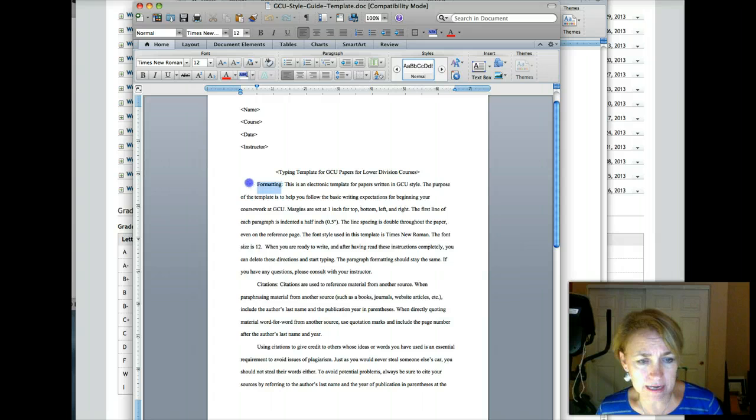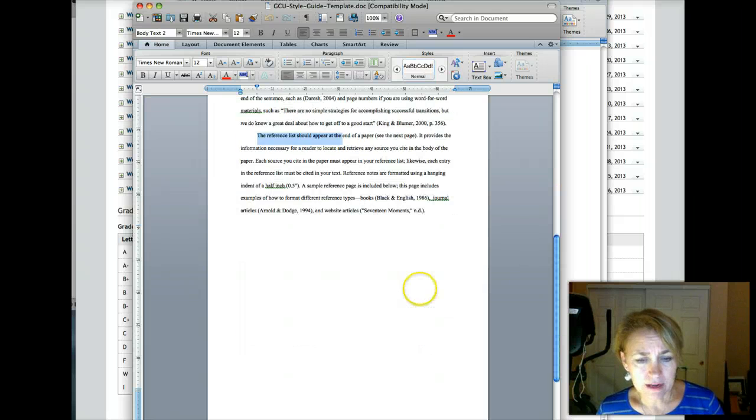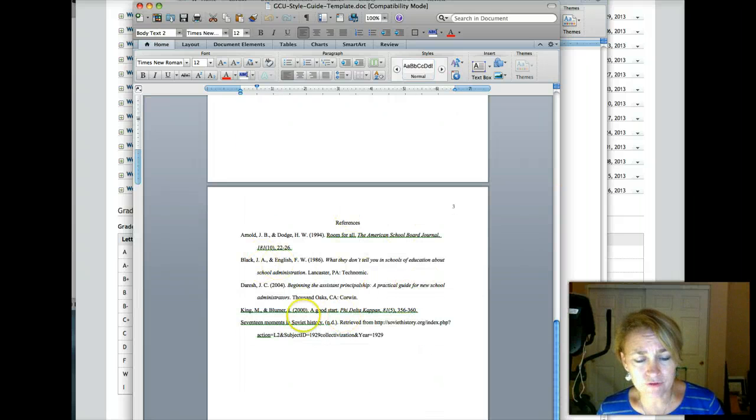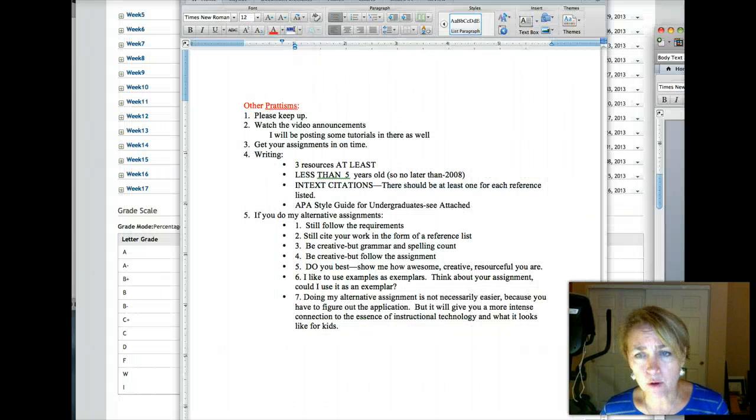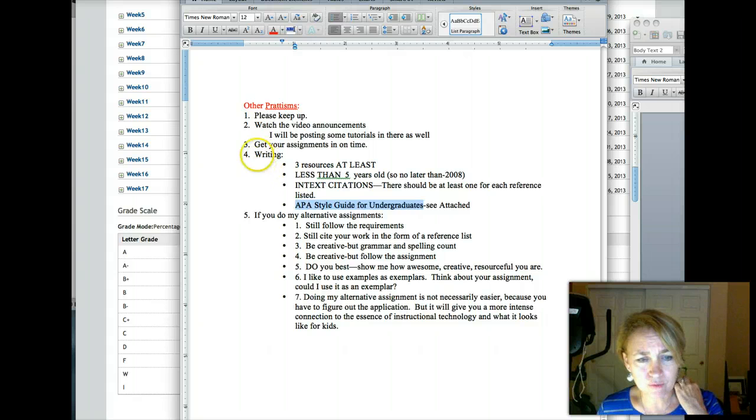It tells you what the formatting is, how to do citations, how to do references. And it actually shows you a reference list, what it should look like. So I'll be expecting to see that from you. And so I will post that as well during this time. So that's writing assignments. If you're going to do a writing assignment, these are all the things that are required.